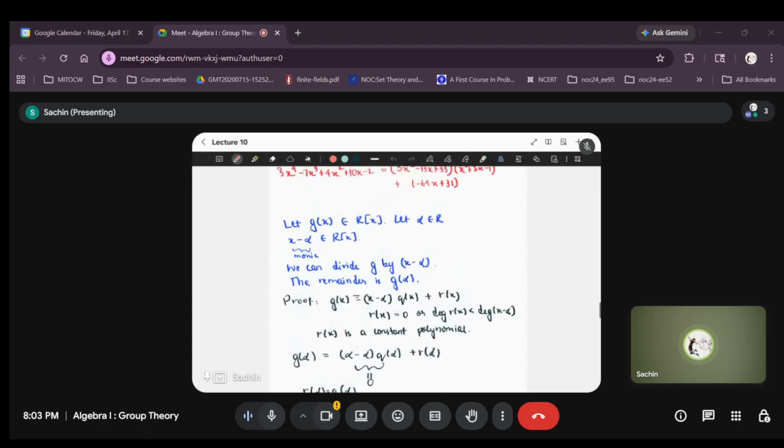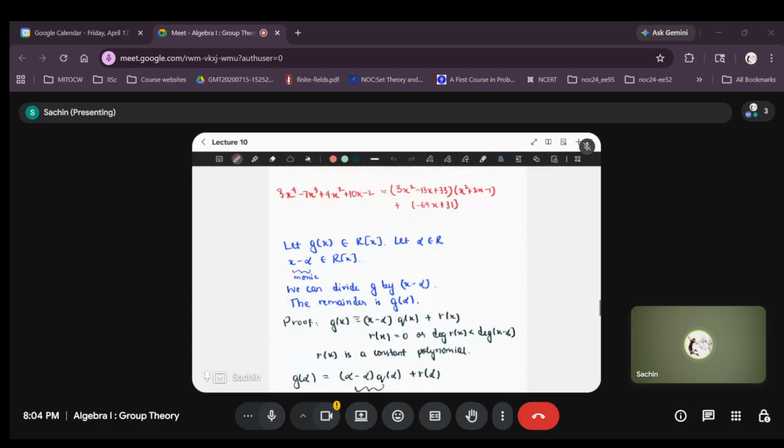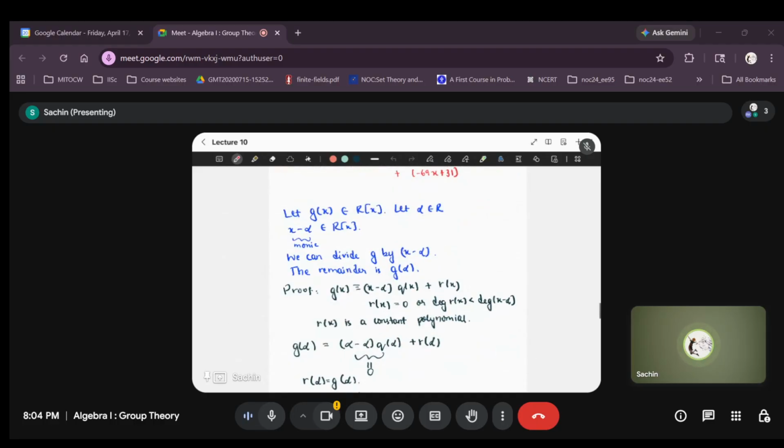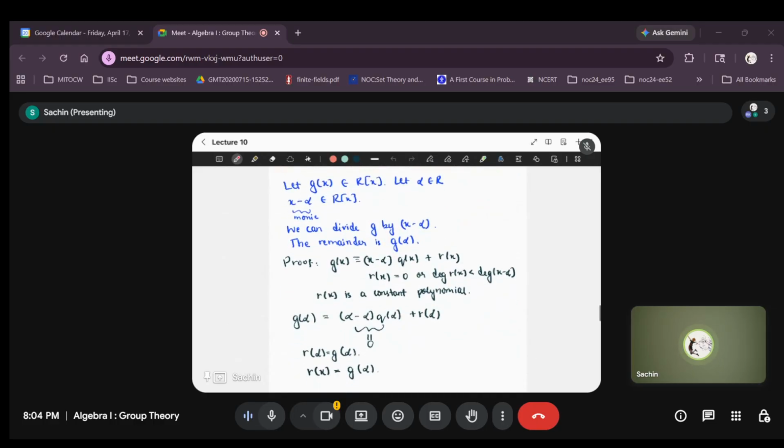Here we had, if you divide g of x by x minus alpha, you can use the division algorithm to write g of x is equal to x minus alpha into q of x, the quotient, plus r of x, the remainder, where r of x is either 0 or the degree of r of x is less than the degree of x minus alpha.